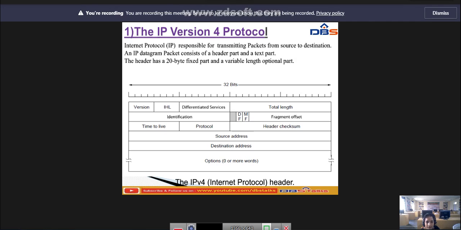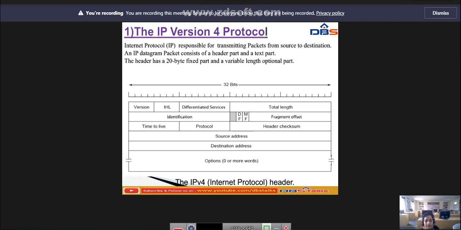DF stands for don't fragment. It is an order to the routers not to fragment the packet. MF stands for more fragments. All the fragments except the last one have this bit set. It is needed to know when all the fragments of the datagram have arrived.